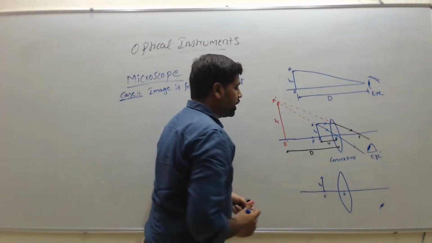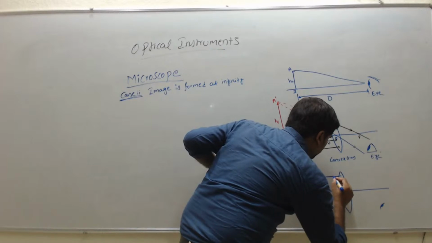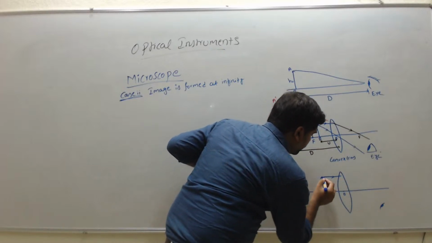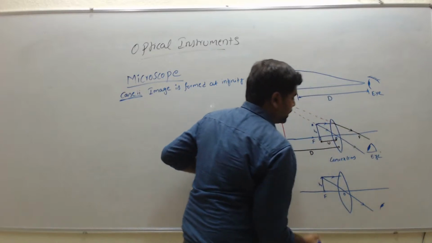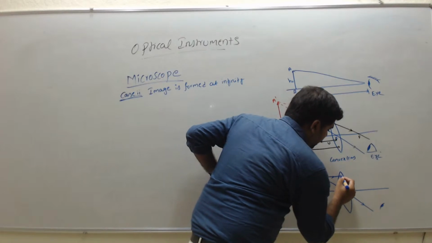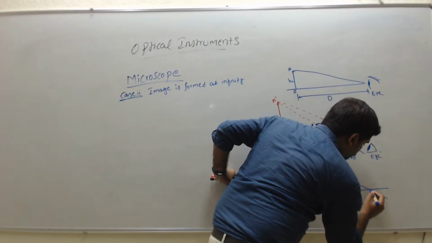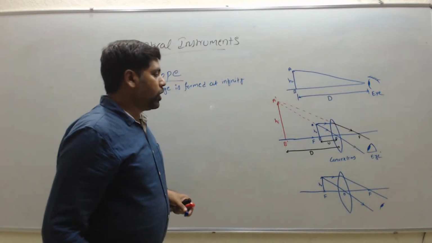Now we have to find out the image formation. Here also I am considering two rays. One is parallel to the principal axis and another one is passing through the optic center. After refraction, the first ray goes through the focus of the second point.